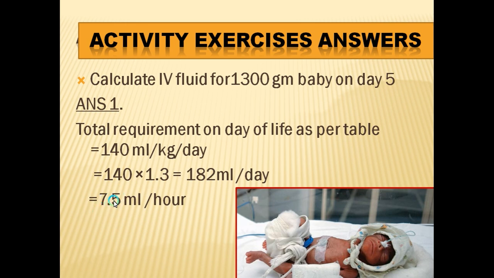Why? Because your answer is at 0.5. So 0.5, 0.6, 0.7 till 0.9, we have to give the next number, not preceding, it is succeeding number. Okay. So here, because the answer is in 0.5, that is why we need to give 8 drops per minute. So which will give the baby 8 ml per hour.